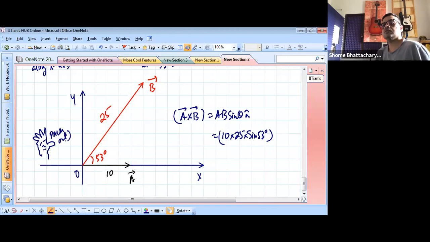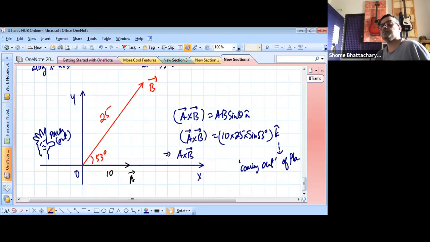Okay. So A cross B will be, the n cap will be k cap. Straight coming out of the plane. Okay. So this becomes your A cross B. So this is how we can show that A cross B is ultimately 200 k cap.